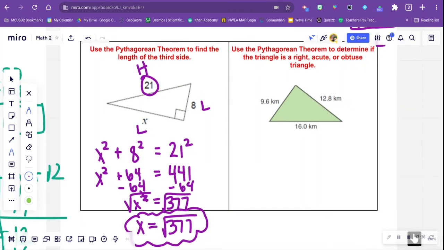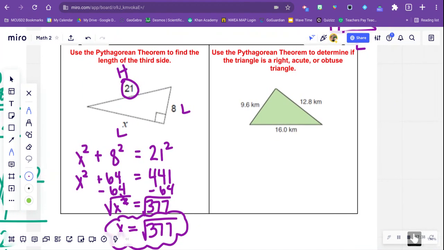And then the last thing we can use Pythagorean theorem for is to determine if it is a right triangle. And if it's not a right triangle, then is it acute or obtuse? So again, most important thing is the hypotenuse. It's the largest side. So out of these 3 sides, 16 is the hypotenuse. So I'm going to go ahead and do that hypotenuse squared. So 16 squared, that is 256.